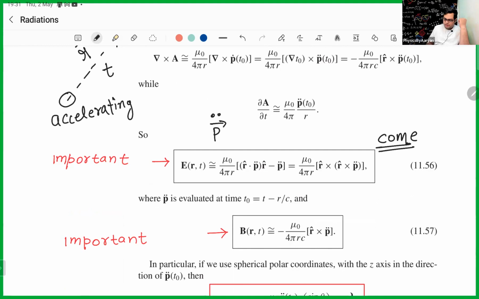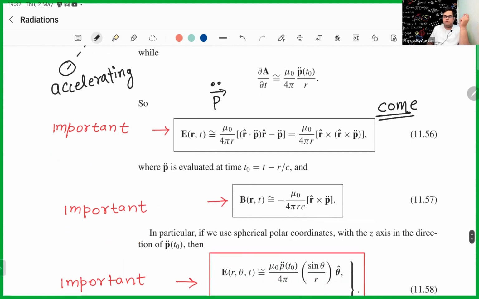This is the formula. However, I will say again, this formula is also not very important. But one thing I want to point out from this formula is that your electric field is inversely proportional to r.